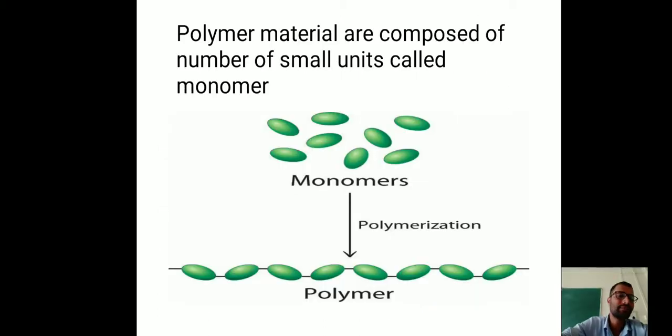Simply you can say that polymer materials are composed of a number of small units called monomers. Mono means single, mer means unit or part. Means if we take monomers, single units, and we do the polymerization process on them, polymer material gets formed.